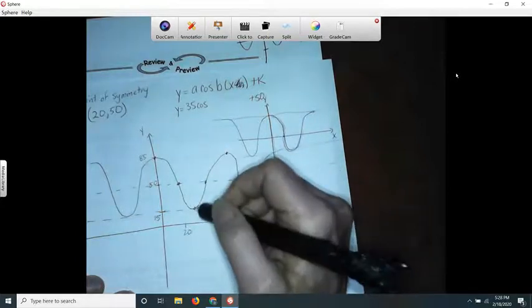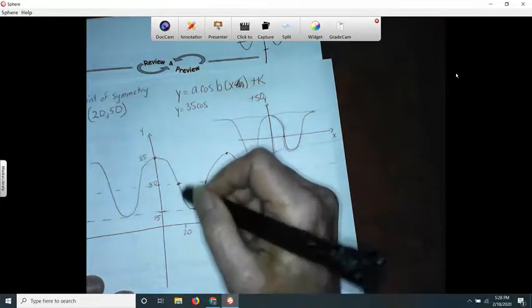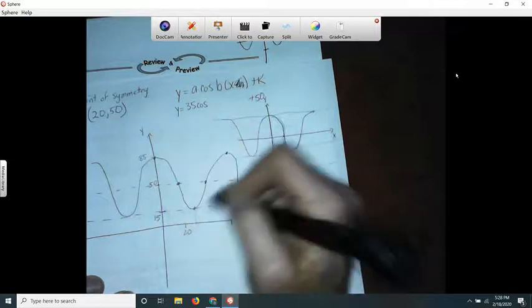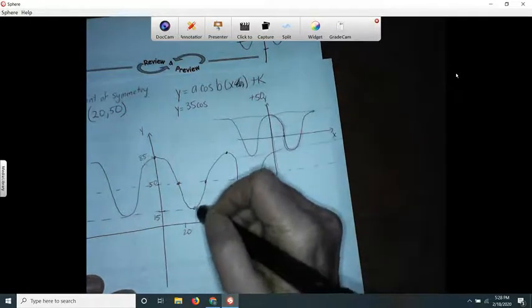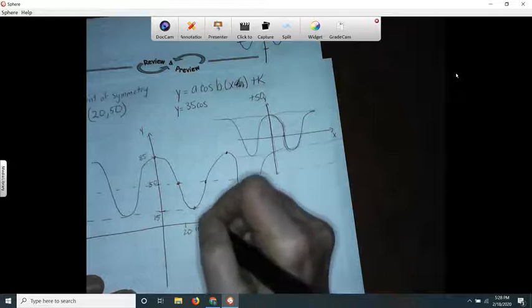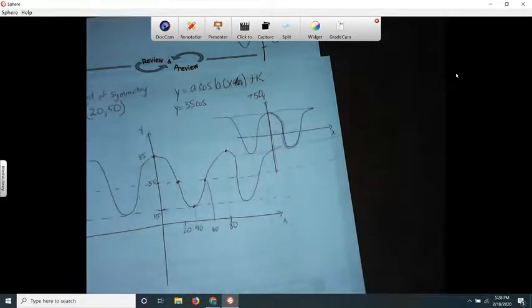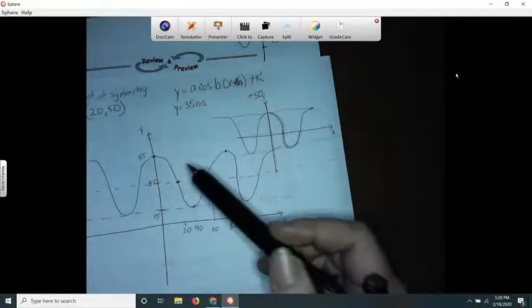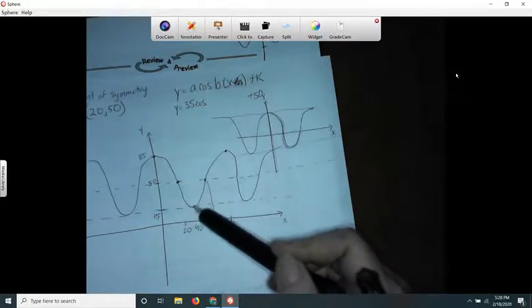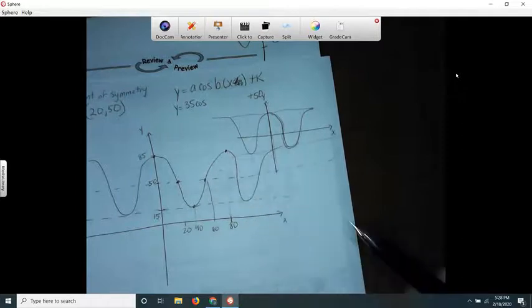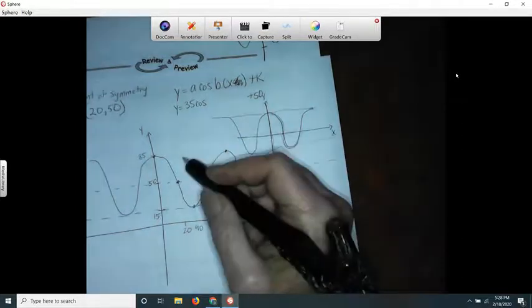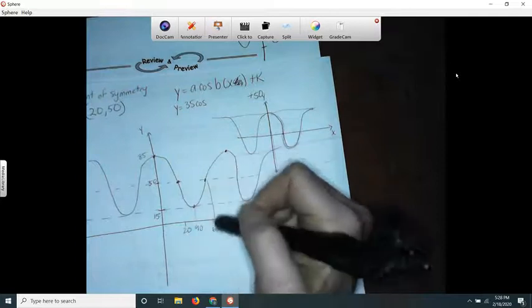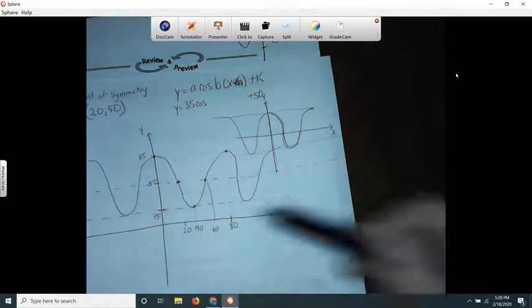So this is the halfway mark, that's the quarter mark, and that's the other quarter. It's not drawn to scale. But this is actually 40, this one is 60, so this has got to be 80. Sorry that it's not drawn very beautifully, but just think about that. I think it makes sense. Okay, so this is the halfway, that's the quarter mark, that's the other quarter mark. So the period is 80.